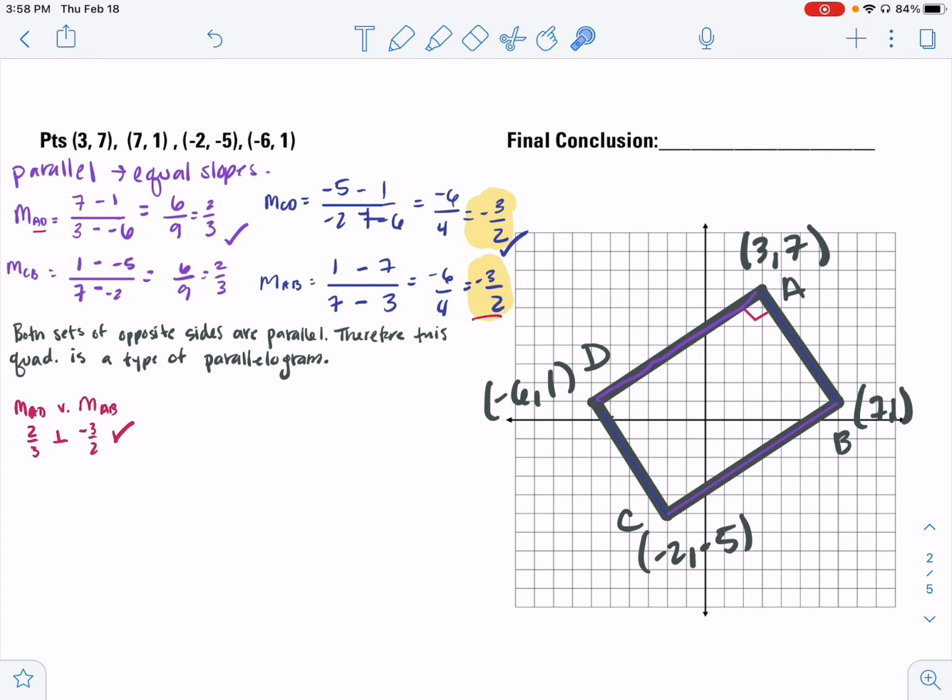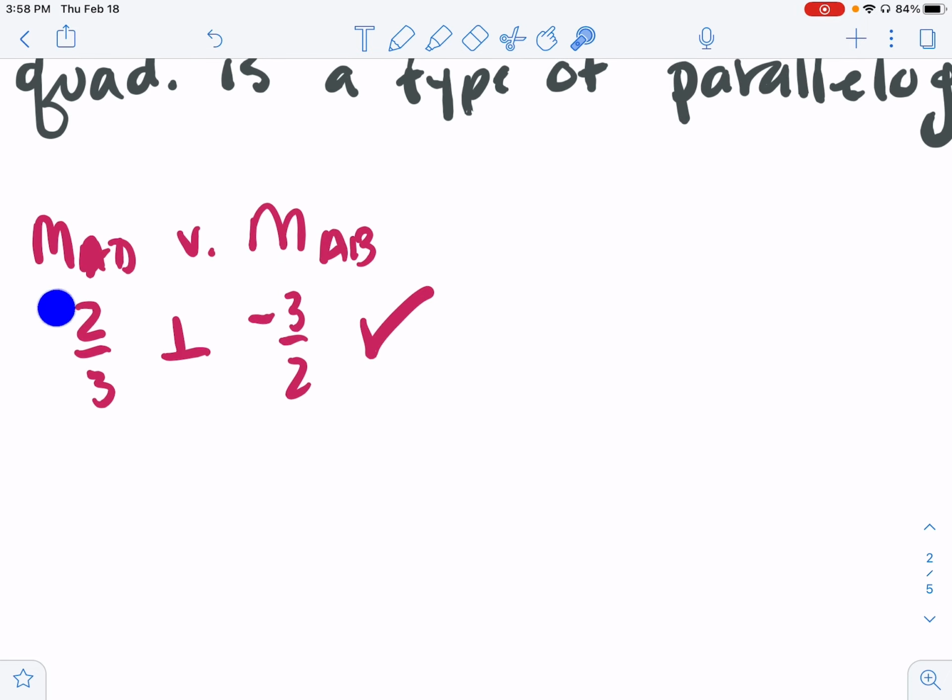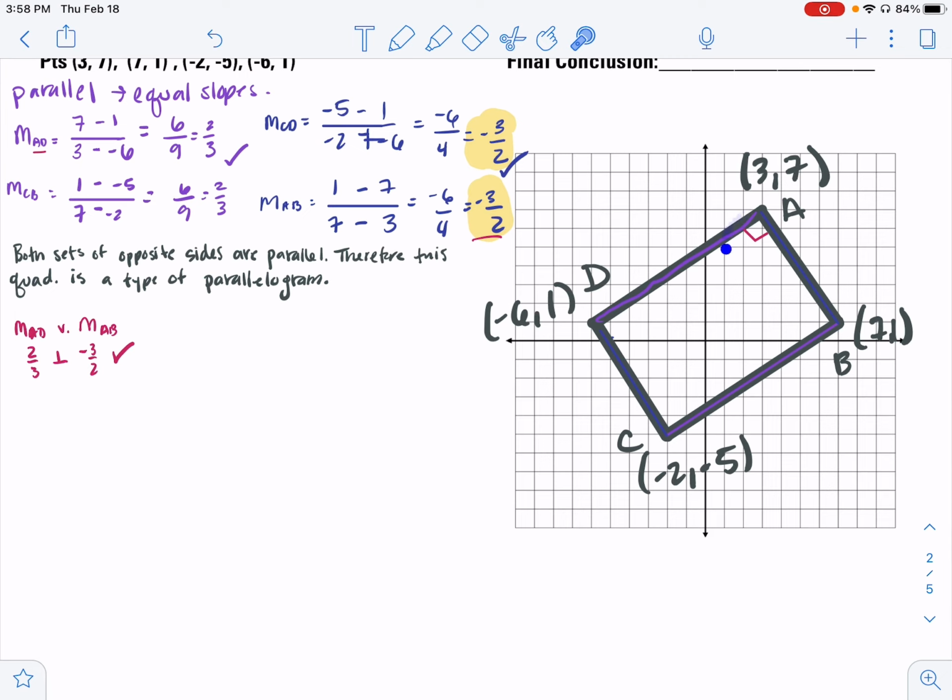Well, you know what? Yeah, that is perpendicular. I know it's perpendicular because this one's positive, this one's negative, that's an opposite, and they're reciprocals of each other. So, hey, this angle is perpendicular. Or sorry, this angle is 90 degrees because these two lines are perpendicular to each other. Let's also do DC as well.